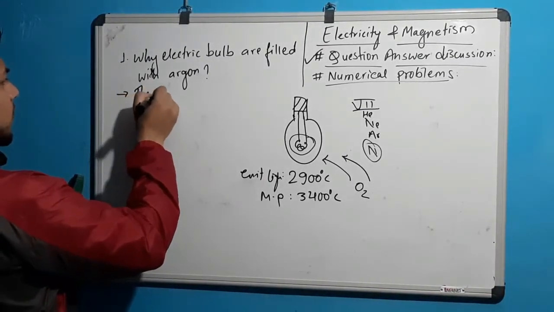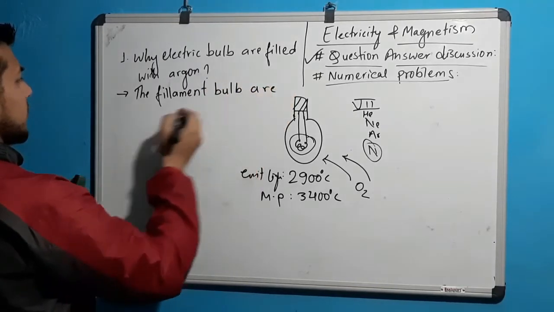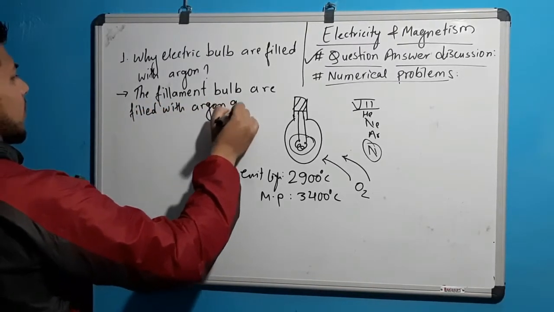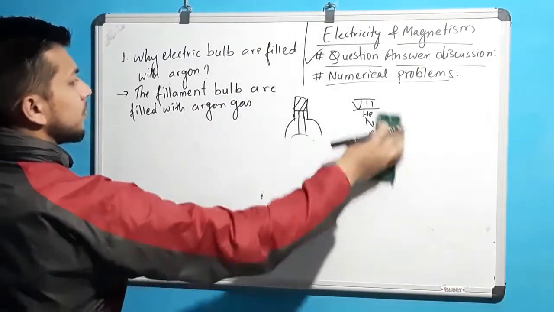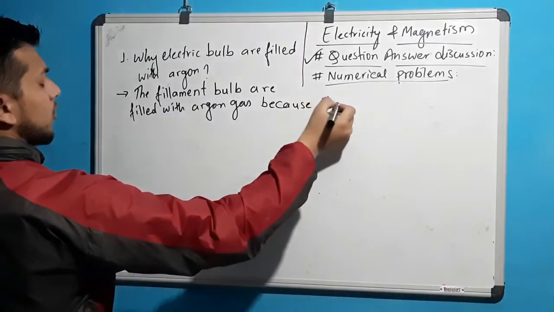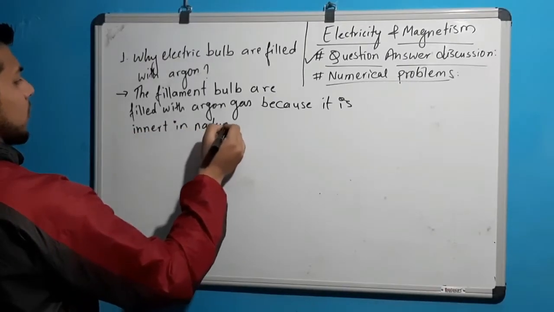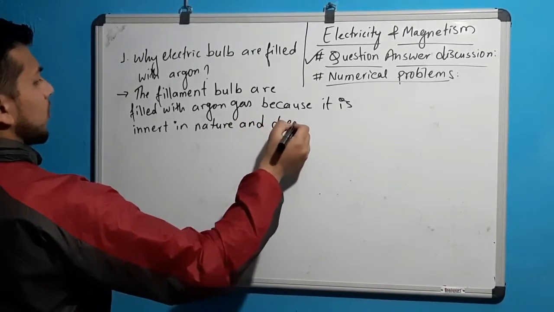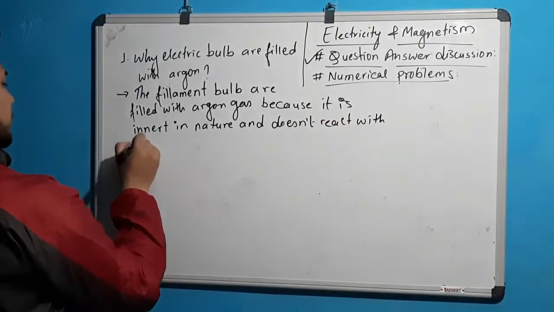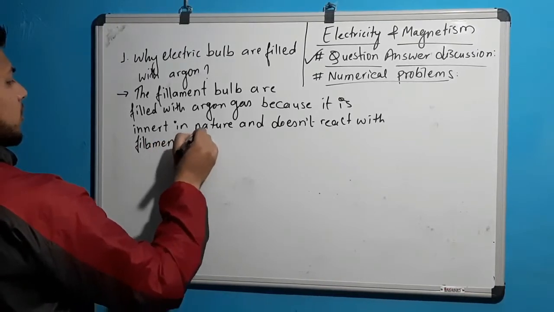Write down the answer. Filament bulbs are filled with argon gas because it is inert in nature and does not react with the filament of the bulb.